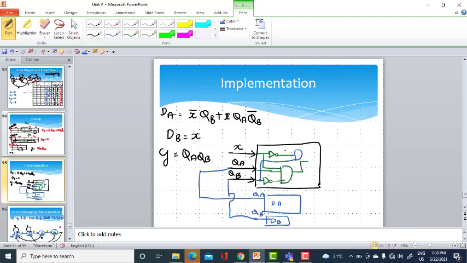This is QB, this is X bar. We need an OR.